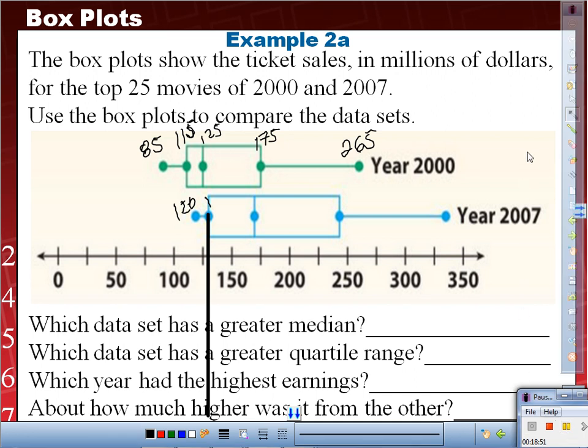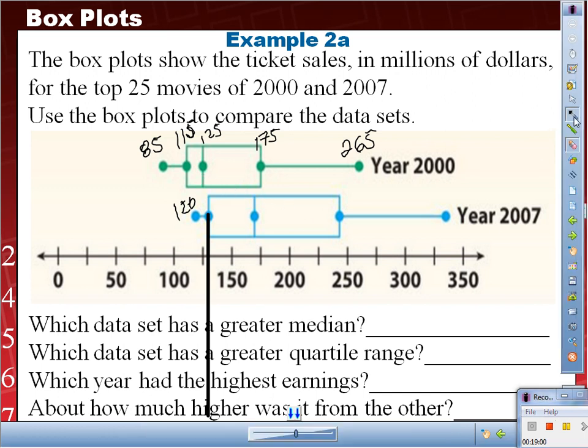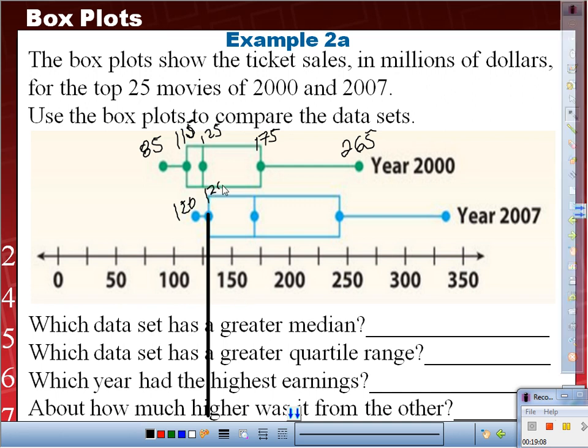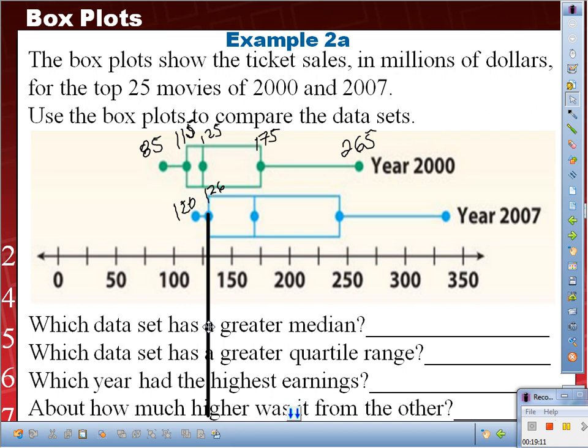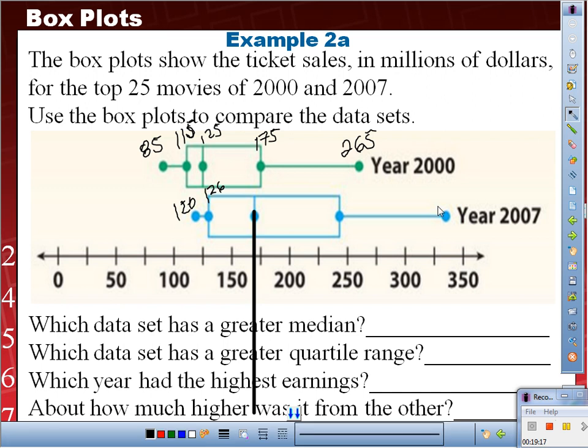All right. With that said, Tanner, what's our Q1? Q1 is 126. All right, label that. Pass to someone. Abraham, what'd you get for Q2? 170.